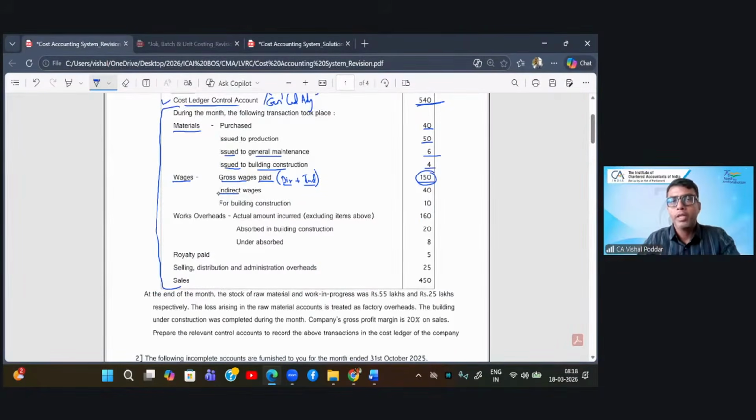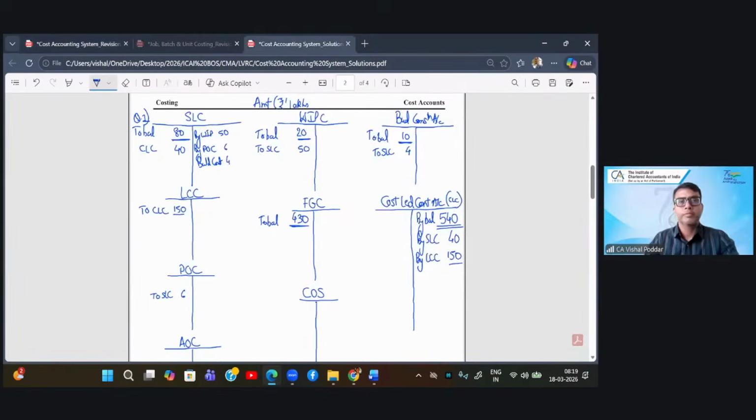While charging, they have given me indirect wages and building construction. What is missing is this. This is our first special entry. As I said, there are three special entries in this question. What is the first special point? The direct wages component in this gross wages is missing. Now, if it is missing, can we identify it? Let's see.